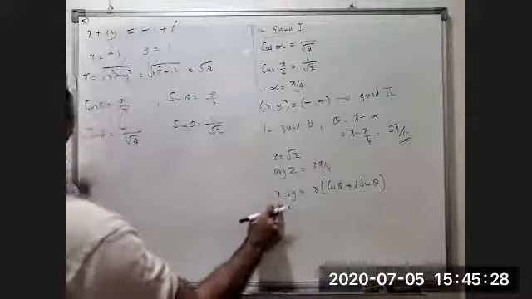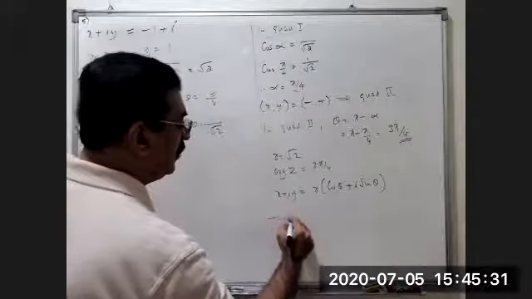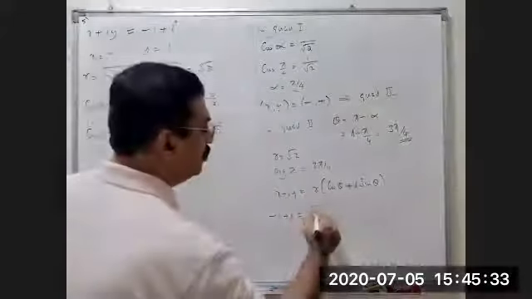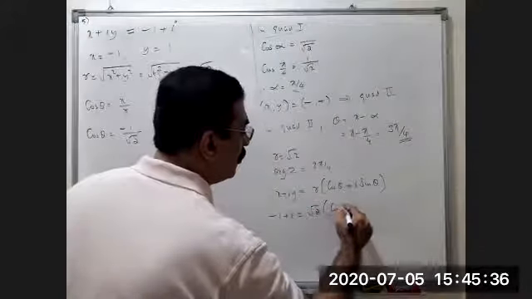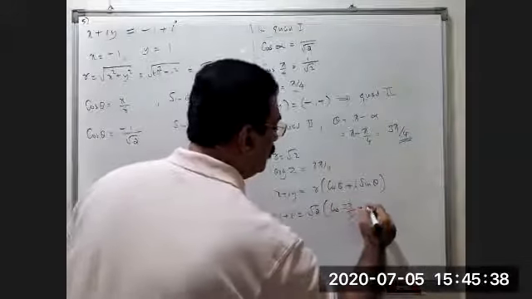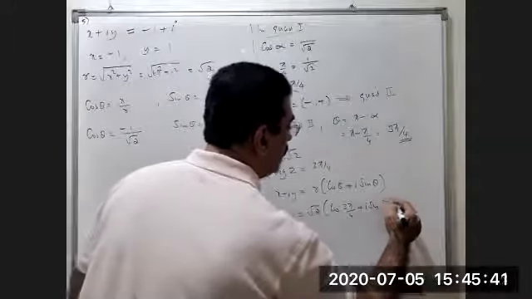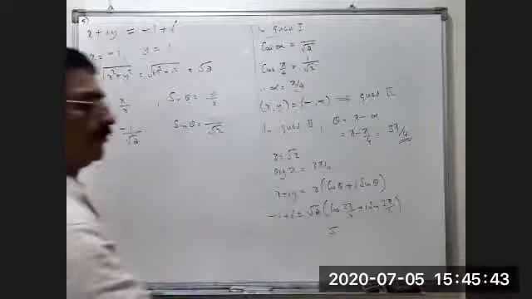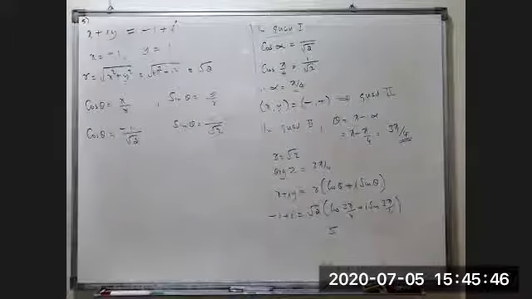And our x plus iy is minus 1 plus i, which is root 2 into cos 3 pi by 4 plus i sin 3 pi by 4. This question is very important. So you have to practice it. Similar questions with change in numbers can be asked. Remaining will be same. The idea will be same.